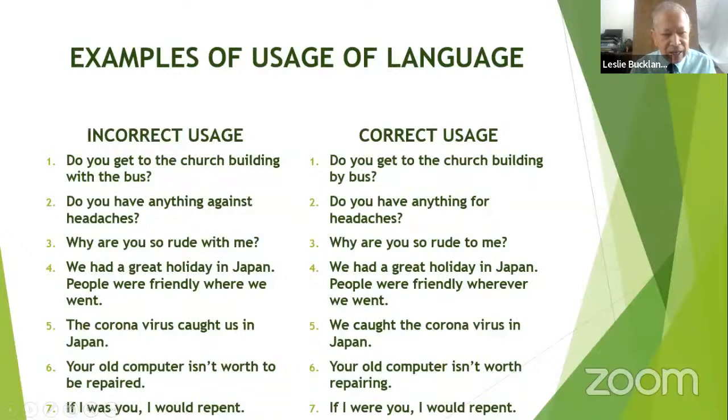But in this particular grammatical construction, this is not reality. This is what you are thinking you would do if you were in that person's position, if you were that person. So rather than say was, we use the word were. If I were you, I would repent.